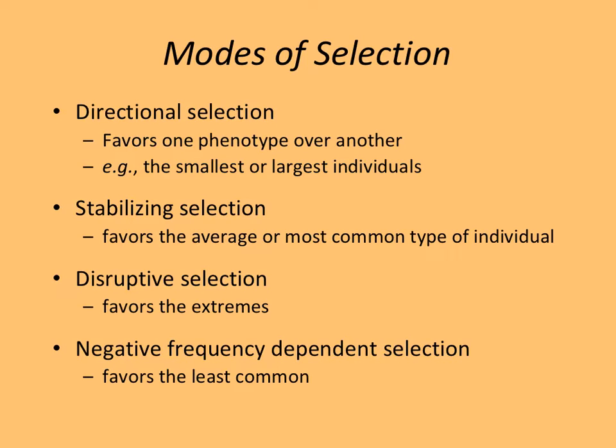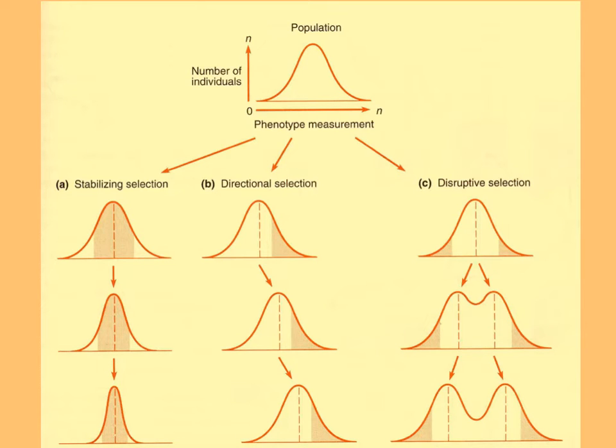There might be, let's say, selection on survival, and the largest individuals are the ones that are more likely to survive and reproduce. There's another thing called stabilizing selection, favors the average, and we'll go through all of these as it goes. Okay, so these are all of them. This is directional selection.